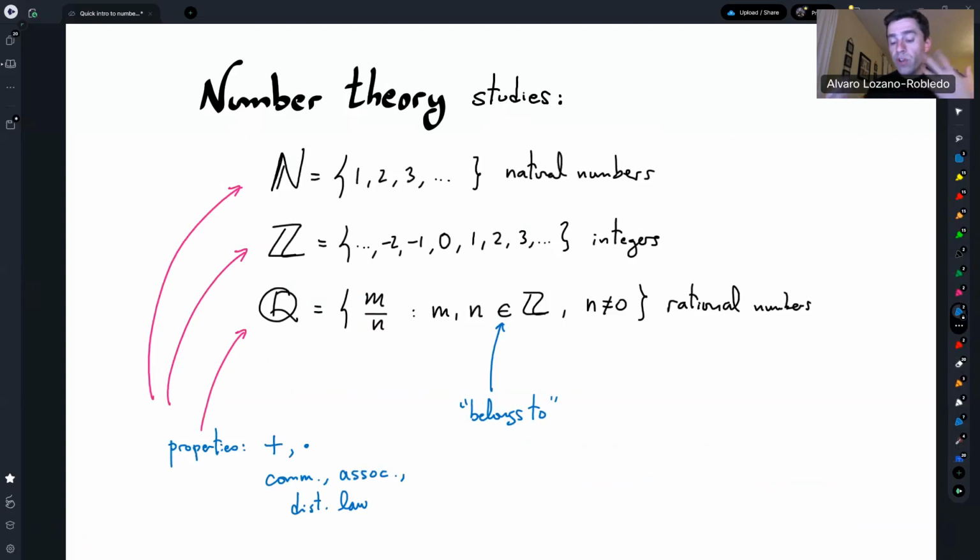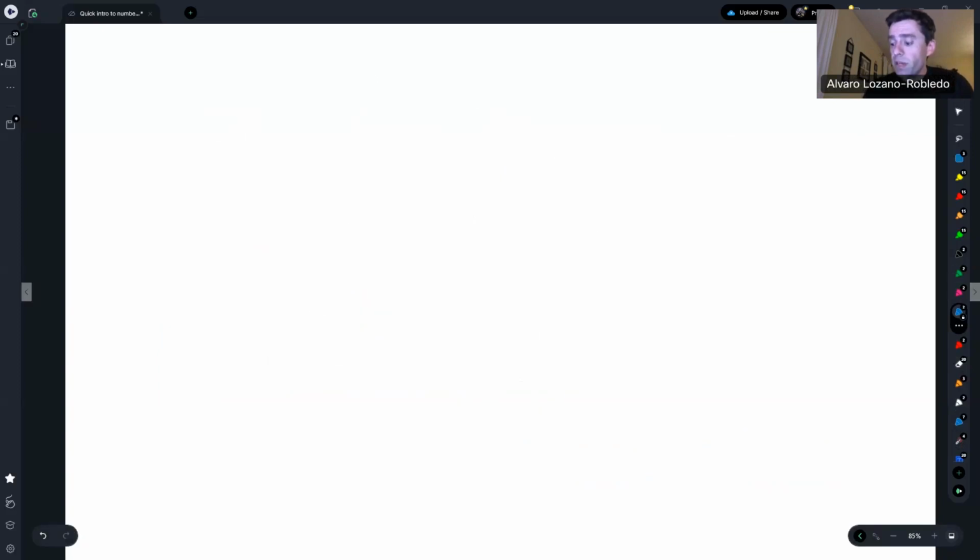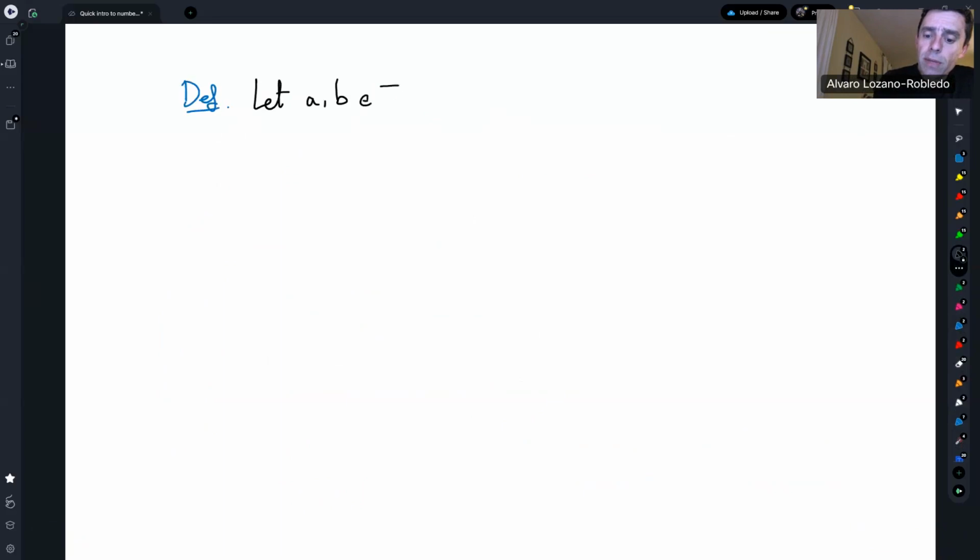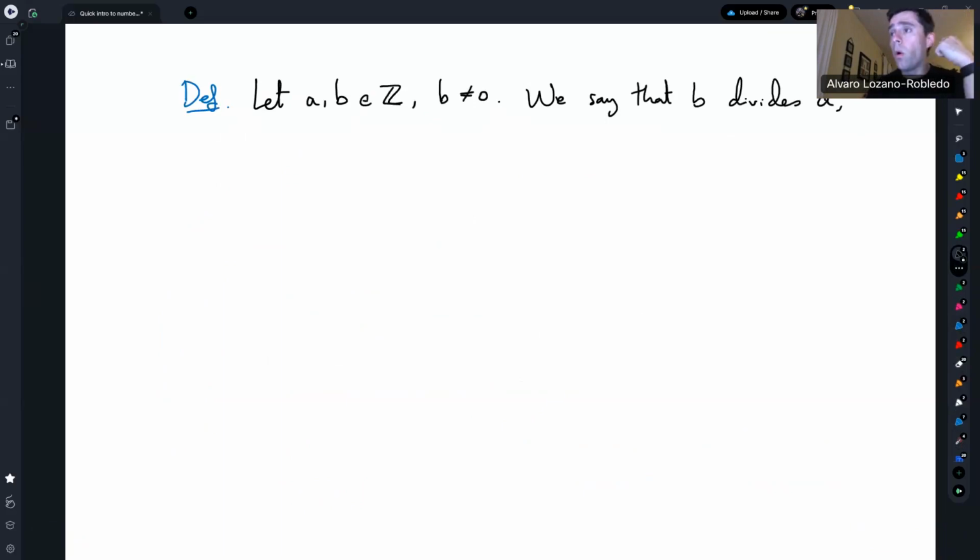So what we're interested in is divisibility, prime numbers, the fundamental theorem of arithmetic. So let's get started with divisibility. By definition, what is divisibility? Let a and b be integers with b not 0. We say that b divides a. There are a lot of ways to say this. We're going to write that b divides a using a vertical bar in short.